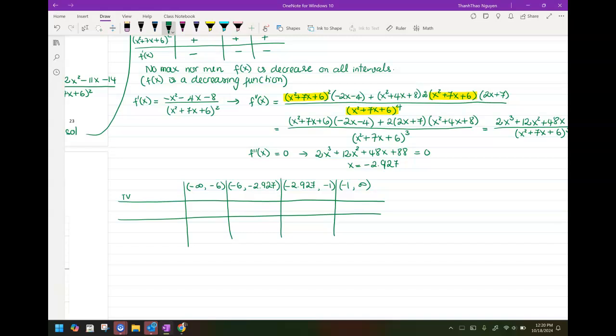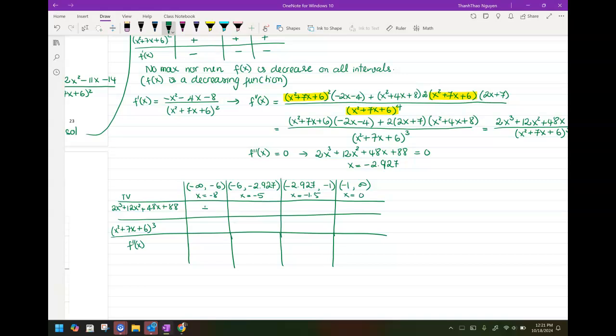So here we have the numerator, 2x cubed plus 12x squared plus 48x plus 88. The denominator is (x squared plus 7x plus 6) cubed, and f double prime of x. We use the test values x equals negative 8, x equals negative 5, x equals negative 1.5, and x equals 0.